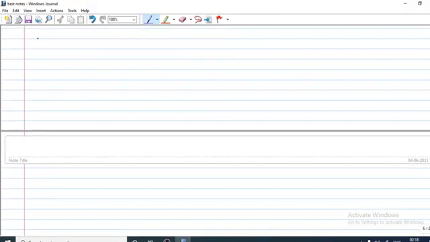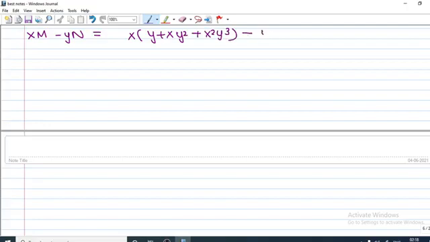To get xM minus yN, which will be nothing but x into y plus x y square plus x square y cube minus y into x minus x square y plus x cube y square.